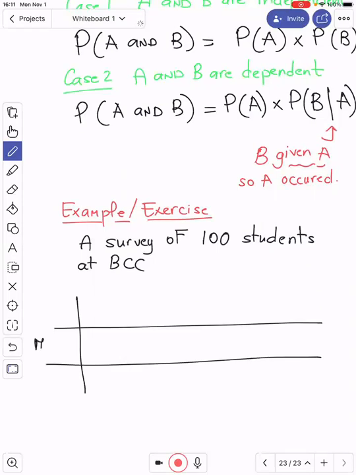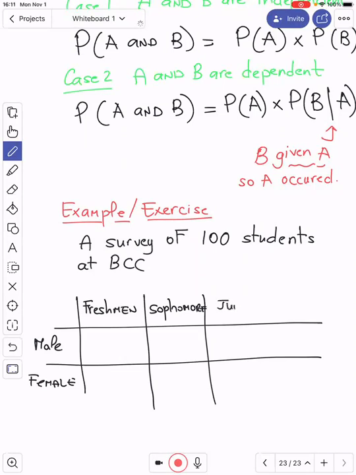Here we have female and male. And here, this is the number of freshmen, the number of sophomores, a junior column, and here the number of seniors.